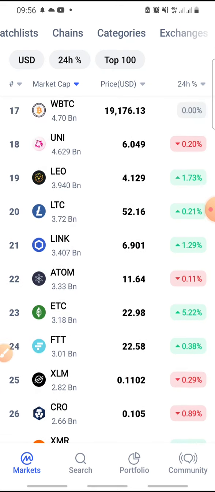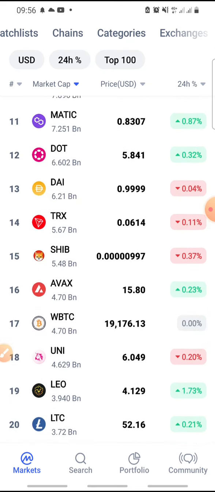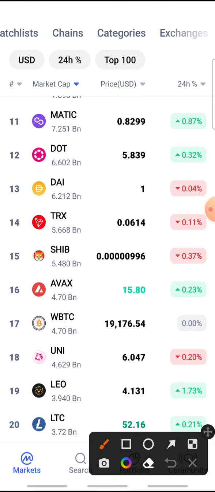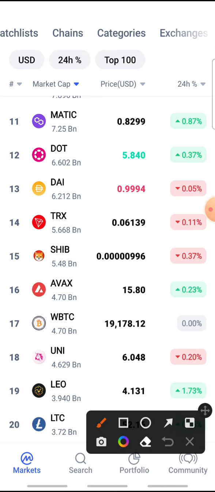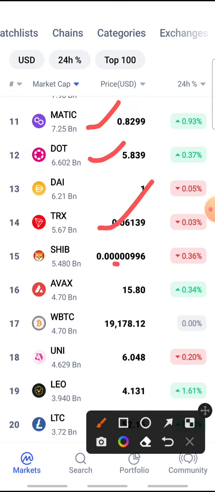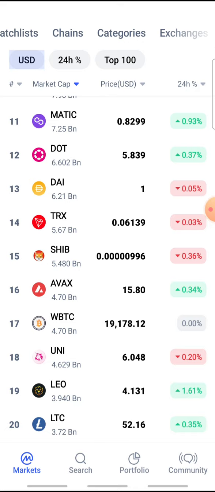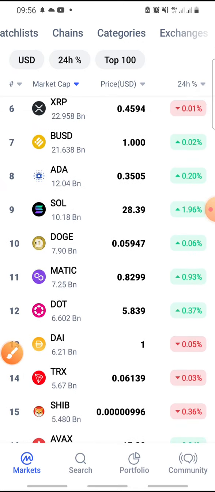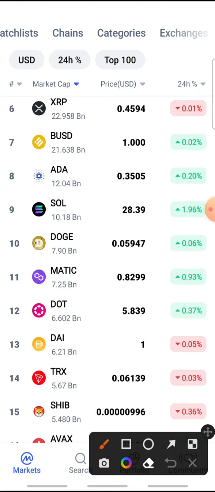Let me show you a few ones. At least get used to some of these currencies. We have Matic here. We have Cardano here. We have Tron here. We have Shiba here. We have Solana here. Okay, this is actually Cardano.